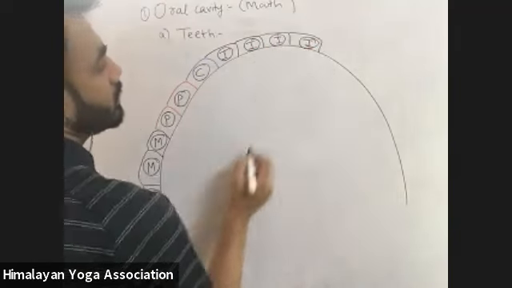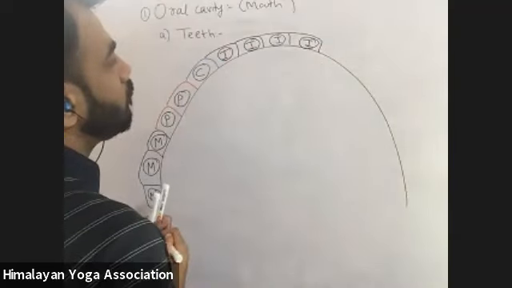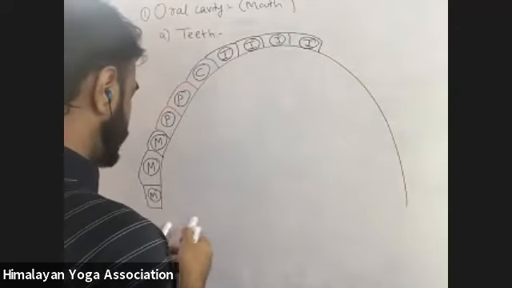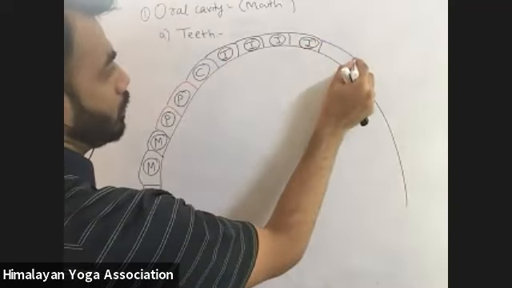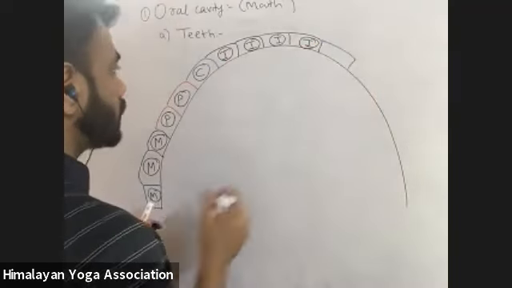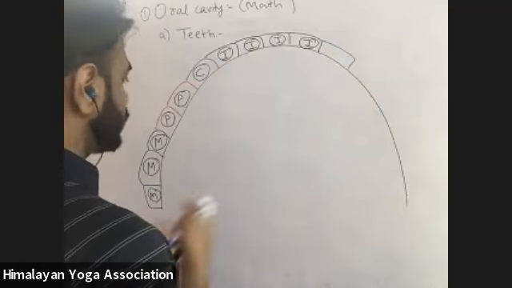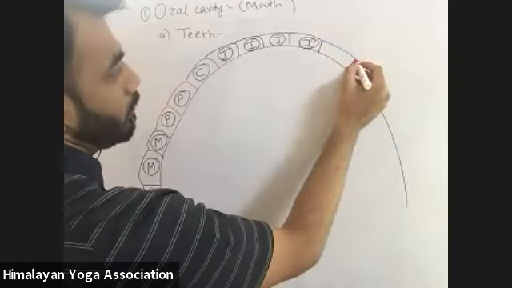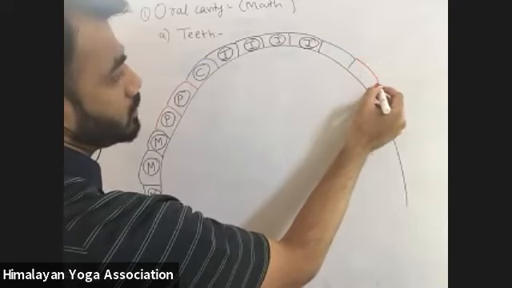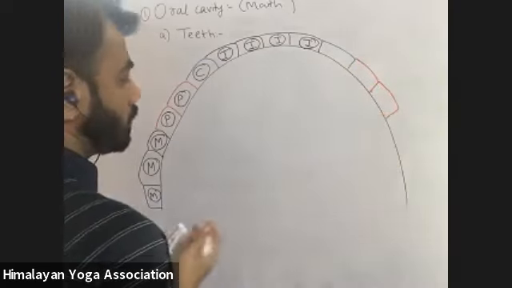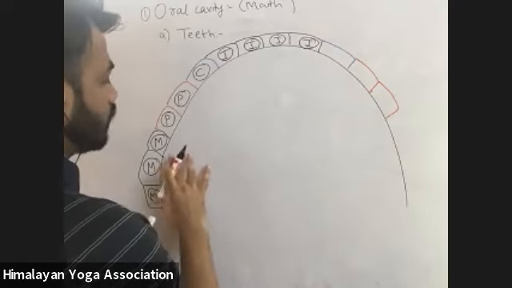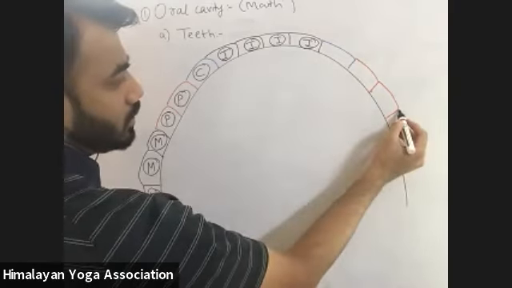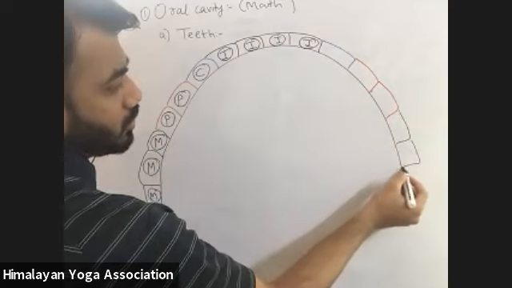These are the 4 incisors on the top, 2 canines on the top, the four premolars on the top, and six molars in the upper jaw.